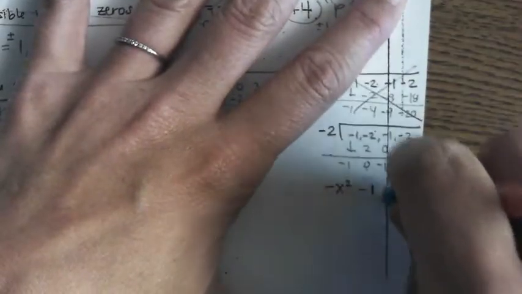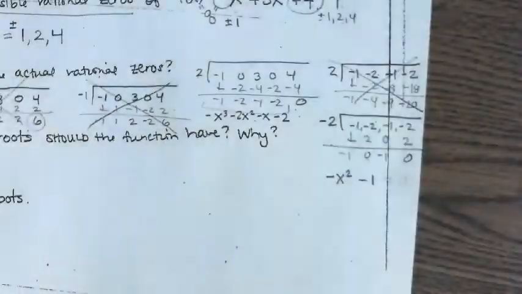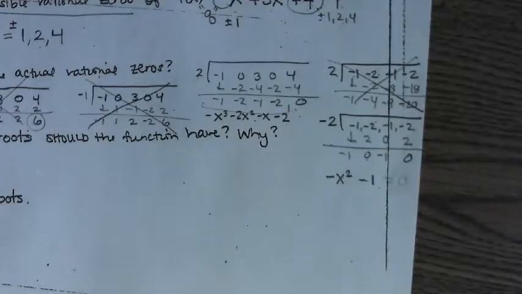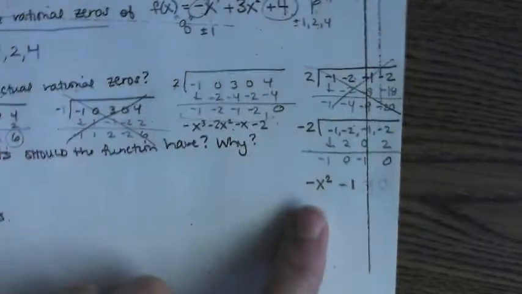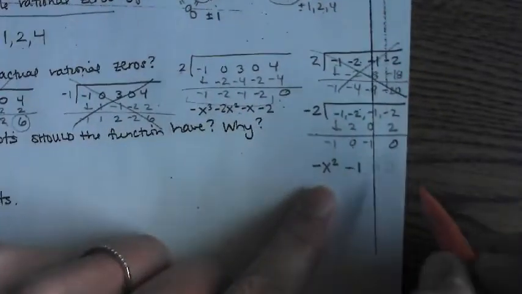Well, that's my quadratic. Now here's the rule though. Once you get down to a quadratic, if it's going to be factorable, you can do it by hand. 4th degree polynomials, 3rd degree polynomials, you might not be able to do by hand, but once something gets knocked down to a quadratic, we can definitely factor it the rest of the way on our own.